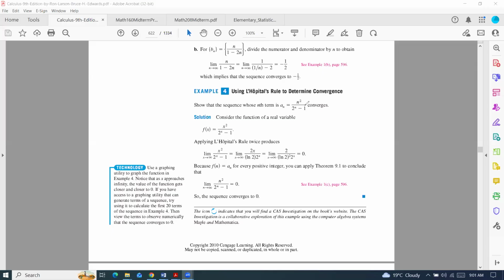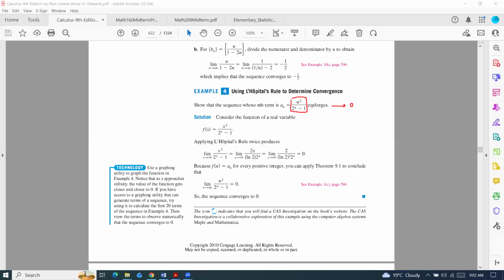Well, here we have the sequence, and the nth term is n squared over something like 2 to the power of n. Minus 1 is irrelevant. So what they say is, where does this approach? And what they're trying to show is that this approaches 0.